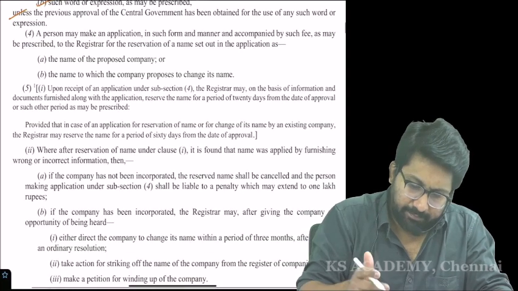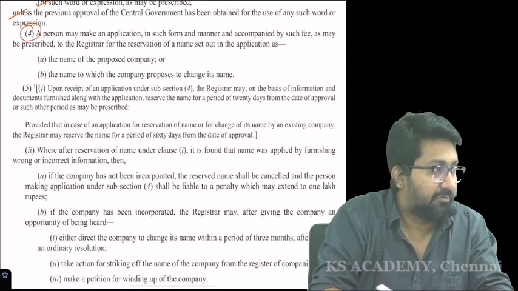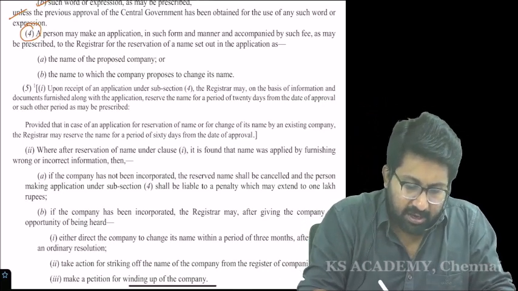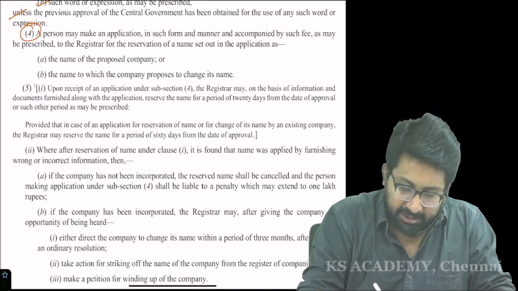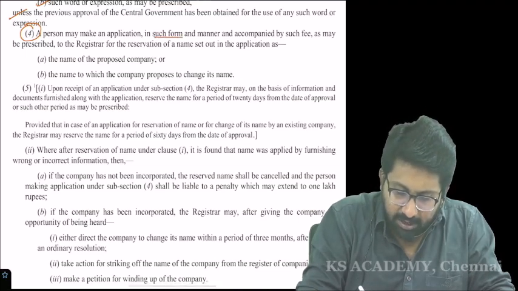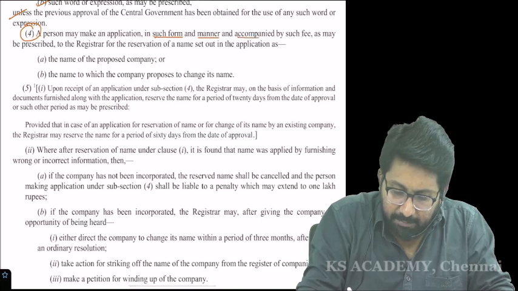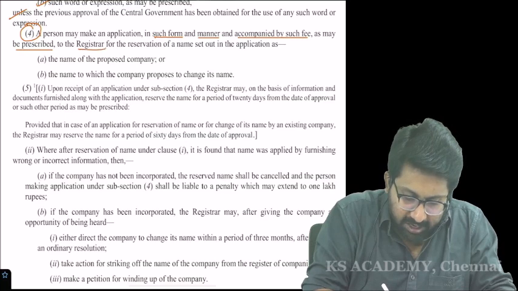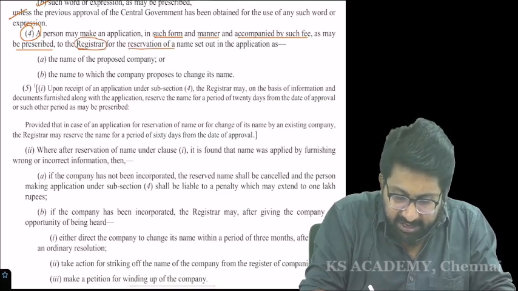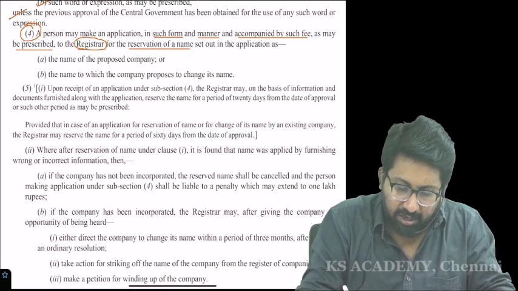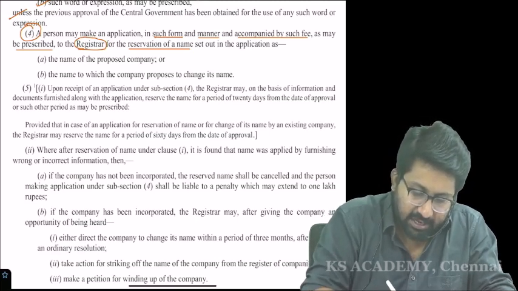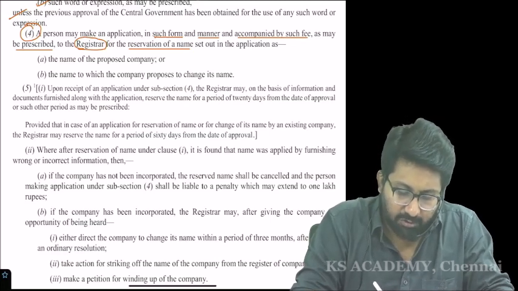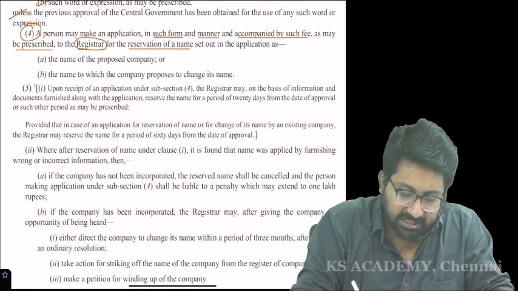Subsection number 4. Section 4, subsection 4. Let's read. A person may make an application in such form and in such manner, accompanied by such fee as may be prescribed, to the registrar for reservation of the name set out in the application as the name of the proposed company or the name to which the company proposes to change its name.